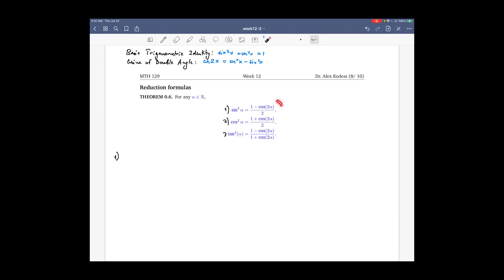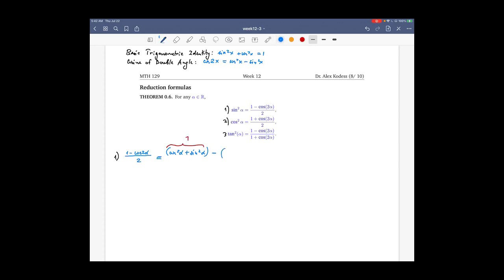So now if we take the right-hand side, 1 minus cosine of 2 alpha over 2, and write 1 as cosine squared alpha plus sine squared alpha. That is just 1.